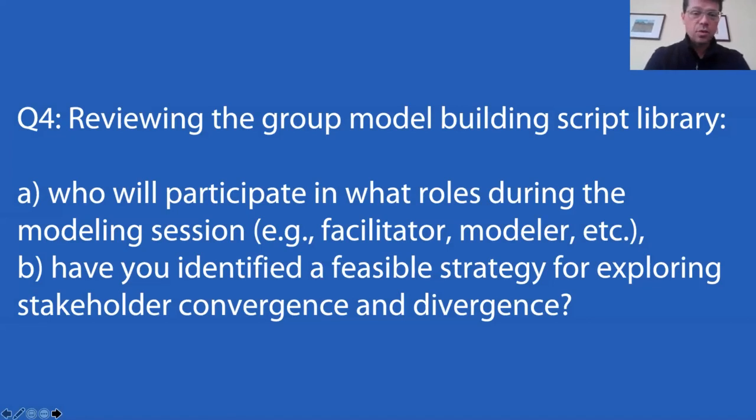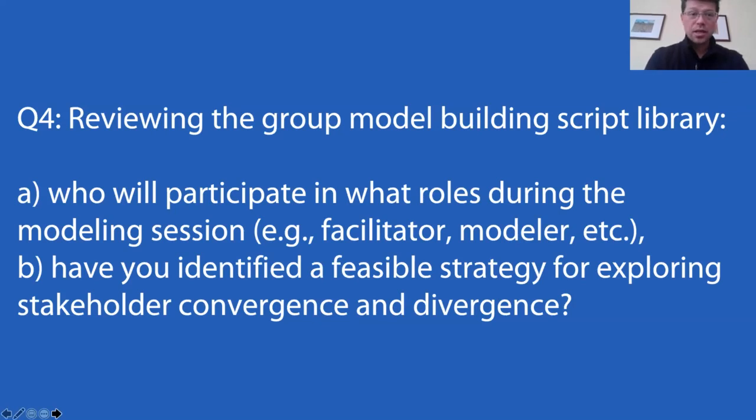So we talked about Scriptopedia, the group model building script library, before. The key questions there, if you're going to use it, are who will participate, in what roles during the modeling session, who's the facilitator, who's the modeler, what are the roles of the stakeholders, and have you identified a feasible strategy for exploring stakeholder convergence and divergence?